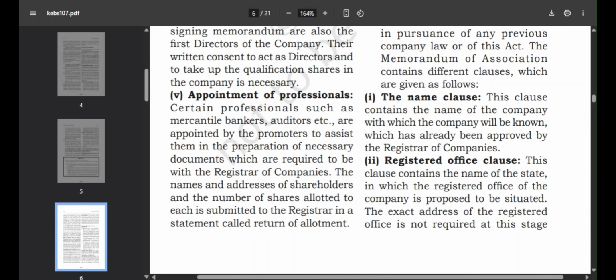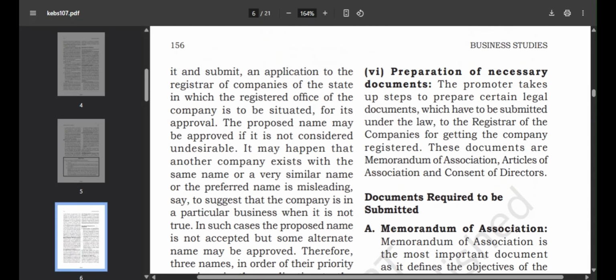Then we have our sixth function, that is preparation of necessary documents. After all these, your last function is preparing the necessary documents. The promoter takes up steps to prepare certain legal documents which have to be submitted under the law to the registrar of the companies.